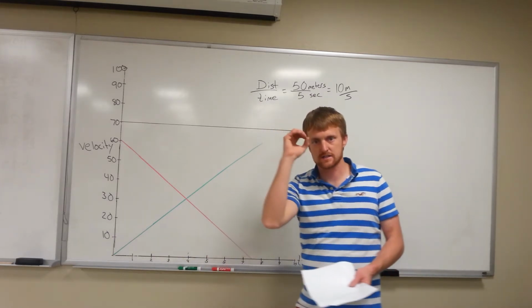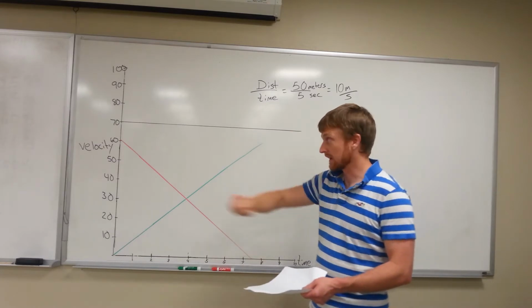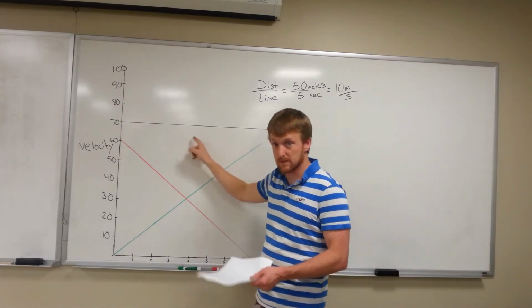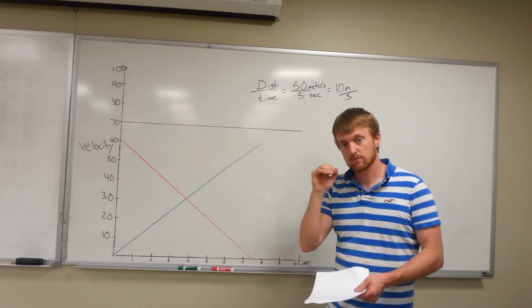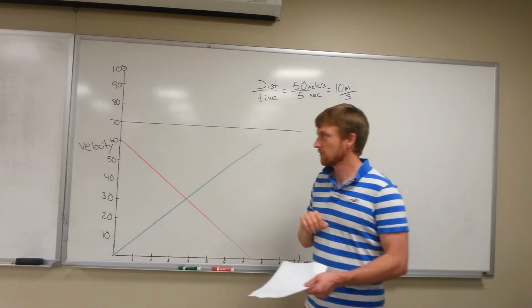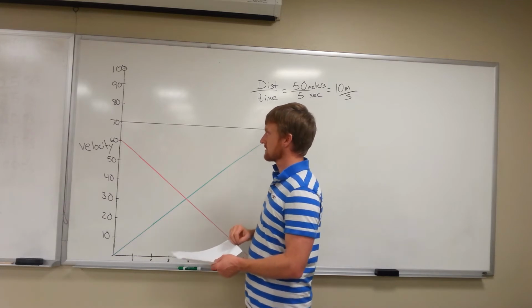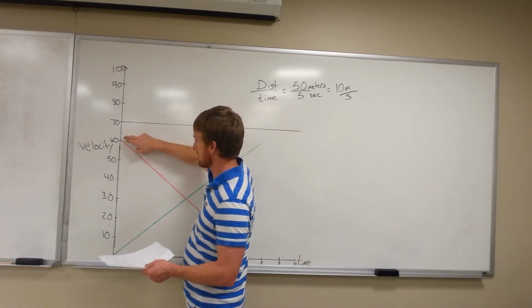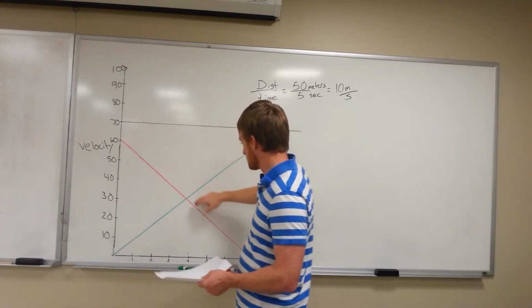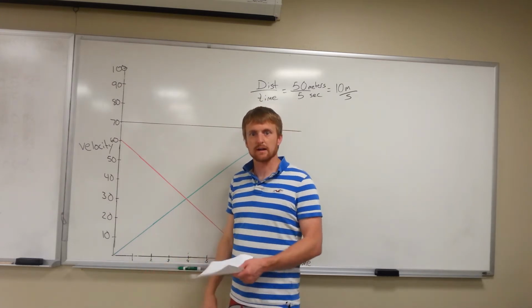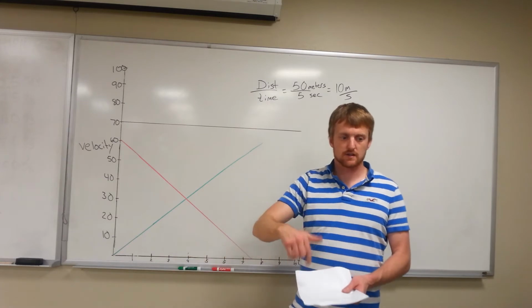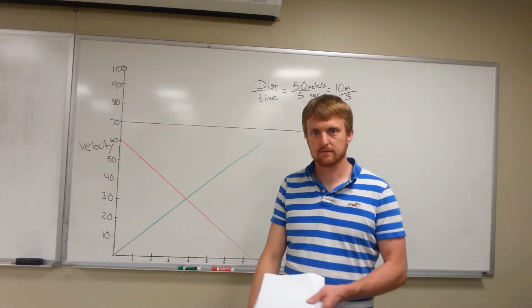Our acceleration is 0. Our velocity is not 0. We can be moving and have a 0 acceleration. Here, our velocity decreases from 60 down to 0. So we are decelerating. Our acceleration is dropping down to 0.